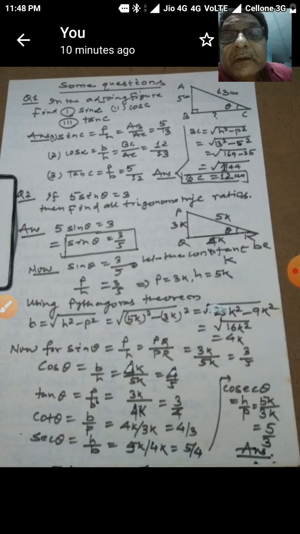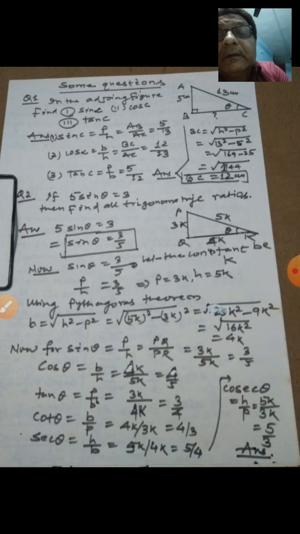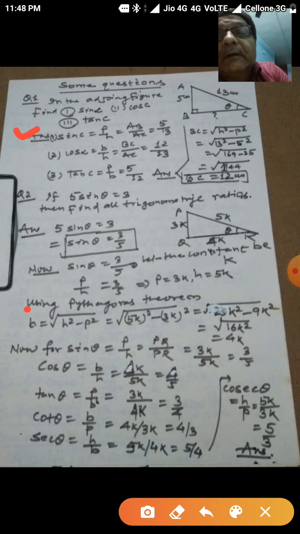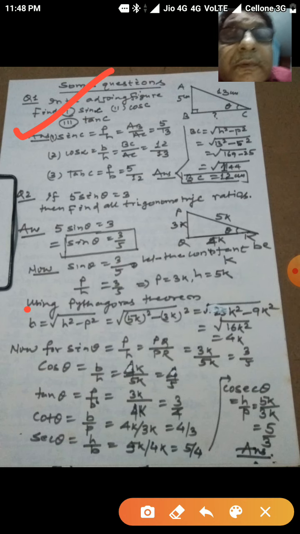So now cos C equal to B by H, that is BC by AC, so 12 by 13. Again tan C equal to P by B, which is equal to AB by BC, so it is 5 by 12. So in this way we have done this question, which is based on the ratios we have learned just before.